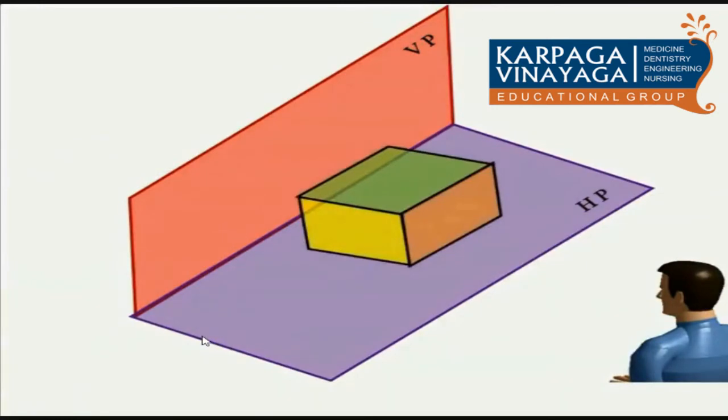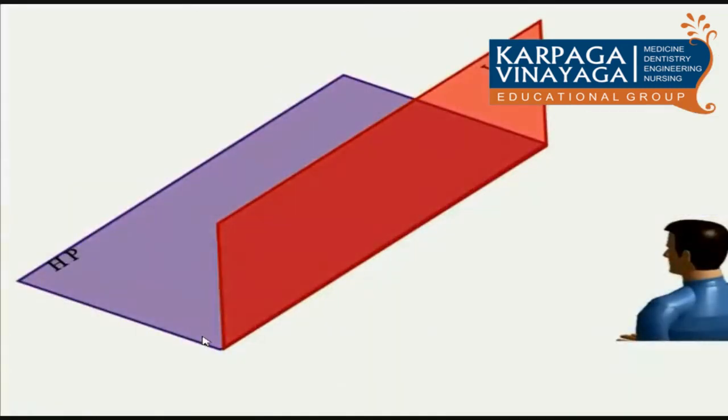Let's start with the first quadrant. The observer is viewing from the first quadrant. There is a front view. The object is kept in the first quadrant, that is above HP, in front of VP. Then the second quadrant: the object is kept above HP, behind VP.